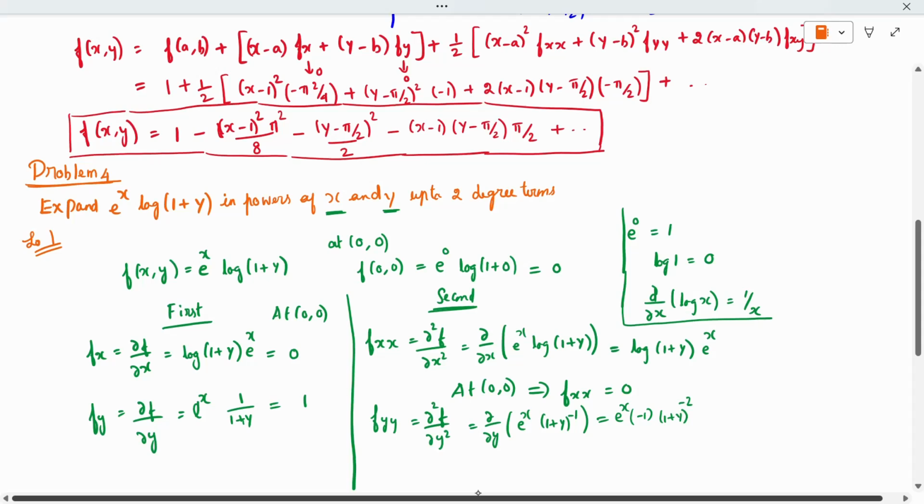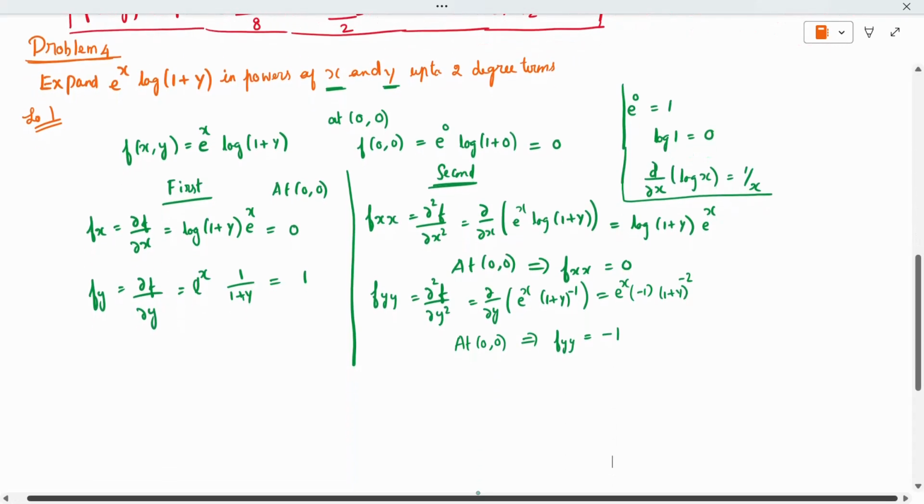So this is our answer. Now you substitute at (0, 0). Fyy will be e to the power 0, it's 1, minus already is there, and y is 0, so 1 only. So minus 1 is the answer. Fyy is minus 1.